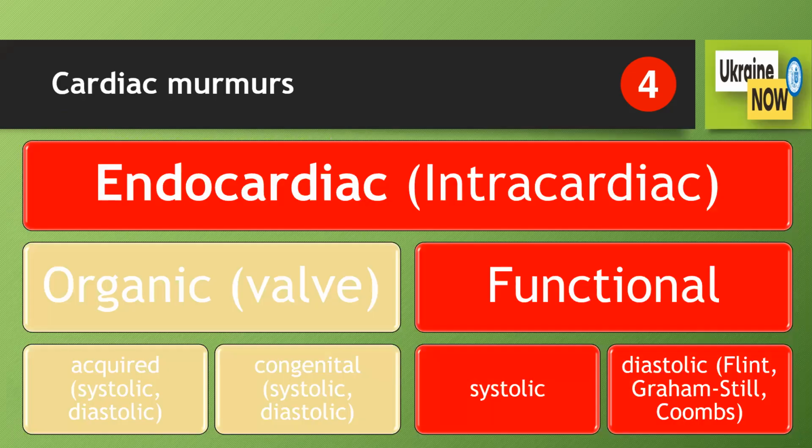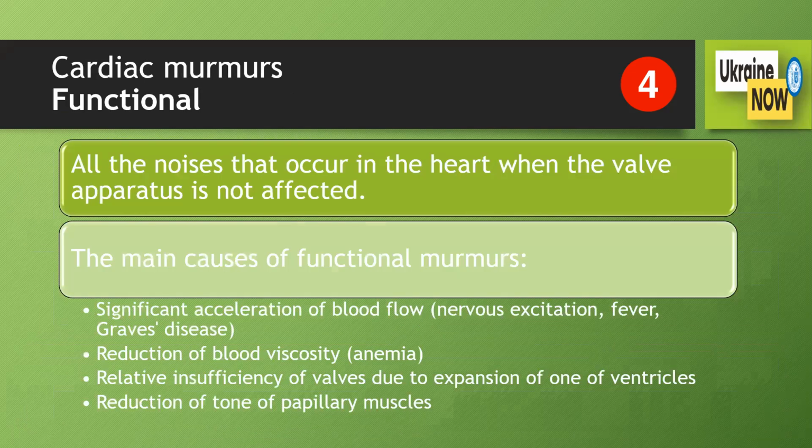Next, we have to mention endocardiac functional murmurs, which are systolic and diastolic. Here we have Flint, Graham Steell, and Coombs. Functional murmurs are all the noises that occur in the heart when the valve apparatus is not affected.